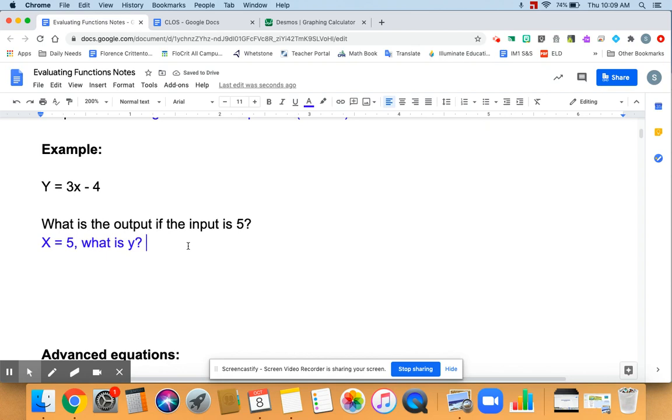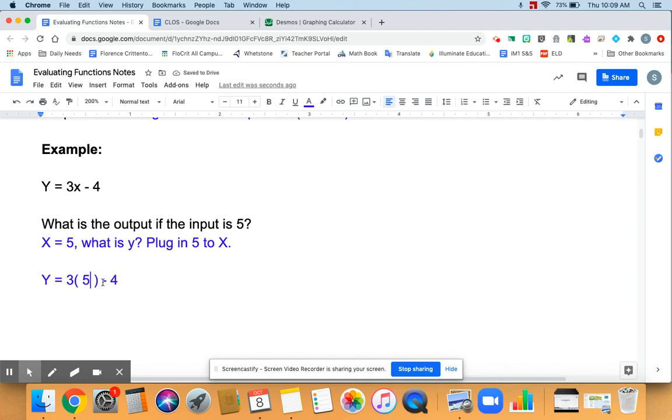Another way to say that in easiest terms is plug in 5 to X. If I do that, I have Y equals 3, and instead of X, I'm going to put a parentheses and then minus 4. And what number do they want me to put into that parentheses? 5, because it says X equals 5.